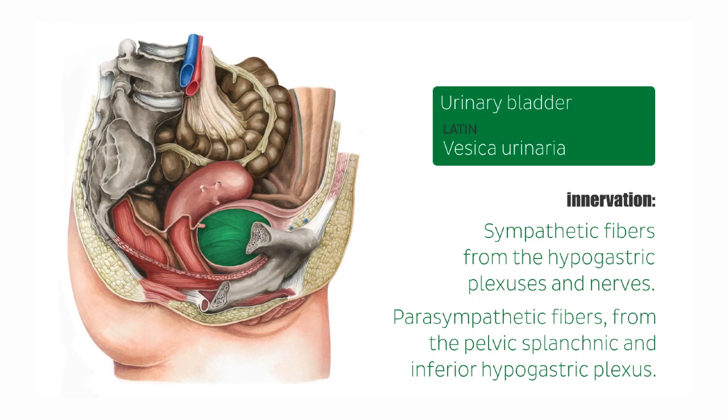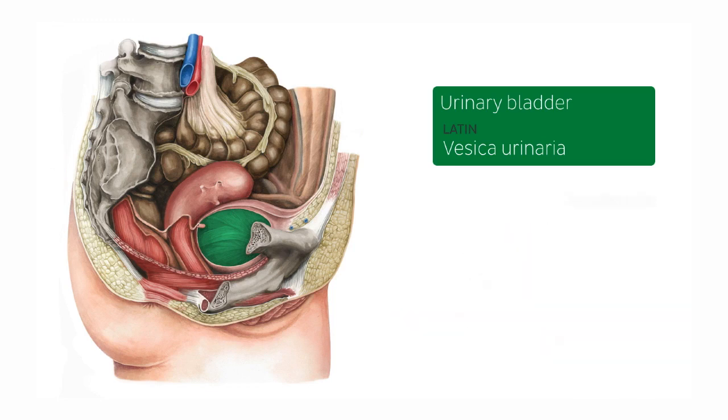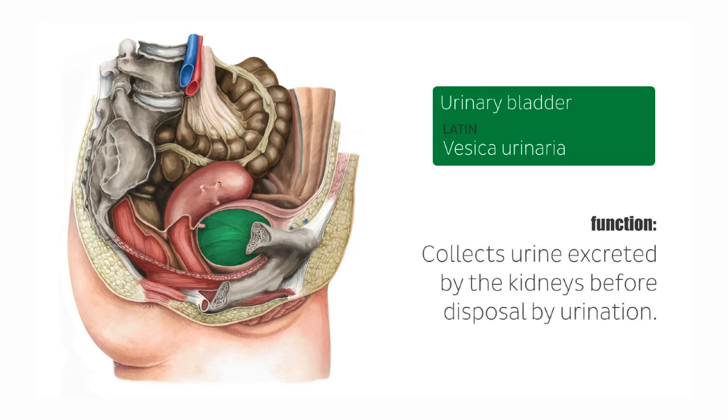For the urine to exit the bladder, both the autonomically controlled internal sphincter and the voluntarily controlled external sphincter must be opened. Problems with these muscles can then lead to incontinence. There is also a role that we need to talk about related to the urinary bladder. This organ is going to collect urine that is excreted from the kidneys before disposal by urination.